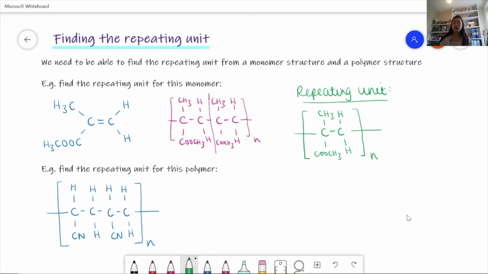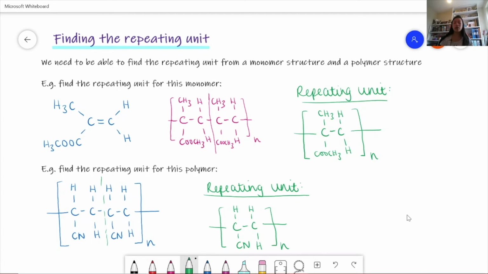And then for the polymer, we do exactly the same thing, but now it's actually a bit quicker because we've actually got the whole polymer for us to see. And so again, we can see that it's half of this, and so the repeating unit is 2 carbons, a cyanide, and 3 hydrogens. So that's our repeating unit.